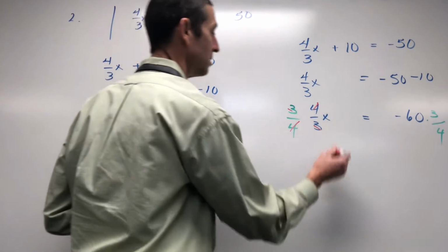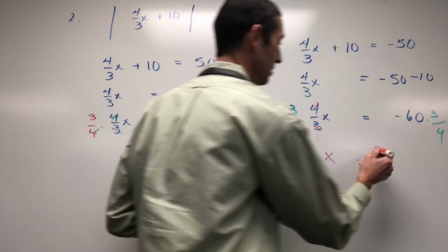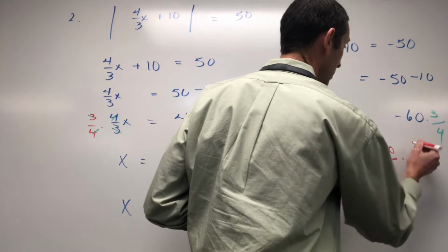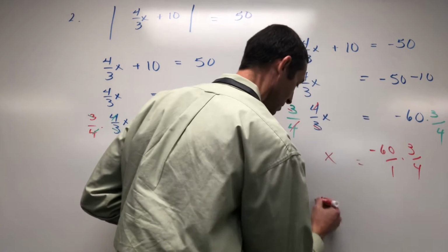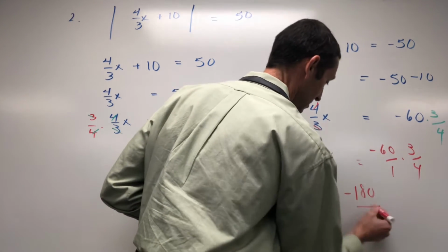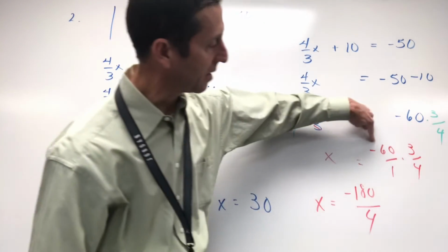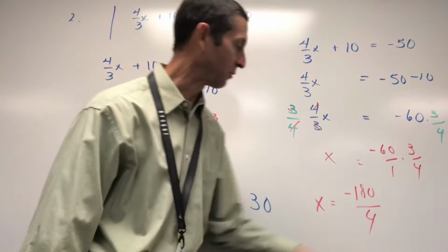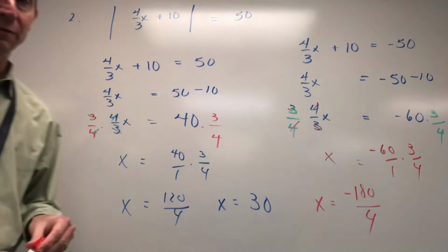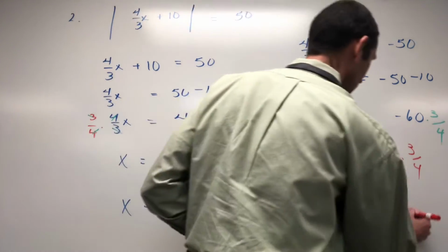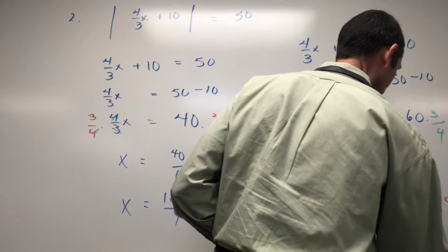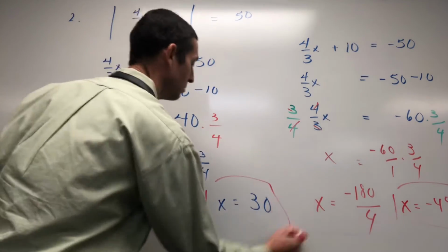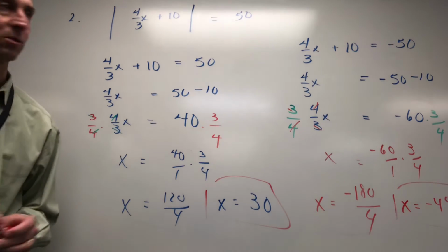Gone, gone, gone, gone. Just x left over. You've got negative 60 over 1 times 3 over 4. Multiplying across the top, 60 times 3, that's where the 180 comes from. 1 times 4 is 4. What is that going to be, 45? I believe so. So x equals negative 45. Boom, boom. So you got your two answers.